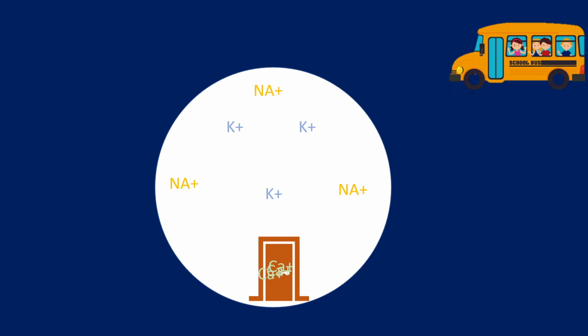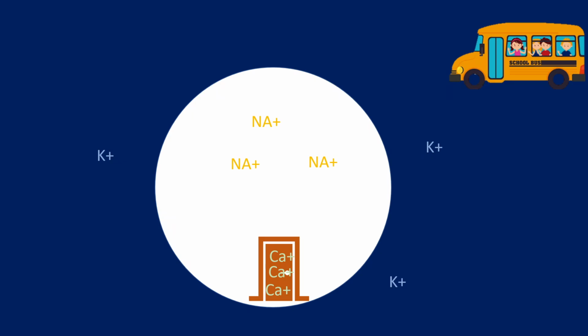This is when whatever function the cell has, it happens now. Now we're going to have potassium coming out of the cell. All right. When potassium moves out, we get repolarization or the deactivation, or when it stops, of depolarization. And we need this to happen so that everything can reset.